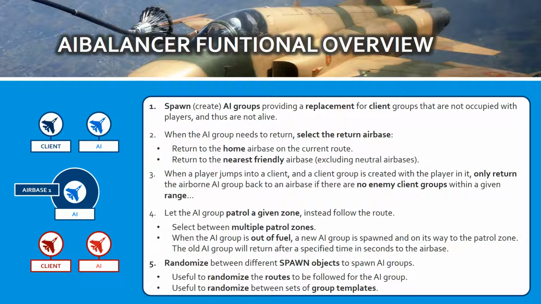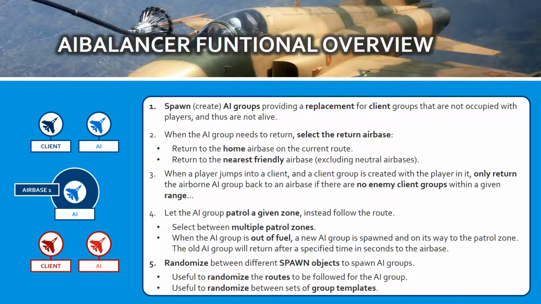And you have two options there. You can select that the AI will return to the airbase on the current route, or you can let it return to the nearest friendly airbase, excluding the neutral airbases. So it will really select the friendly airbase. The third function is that when a player jumps into a client, then that client group will be created with the player in it.